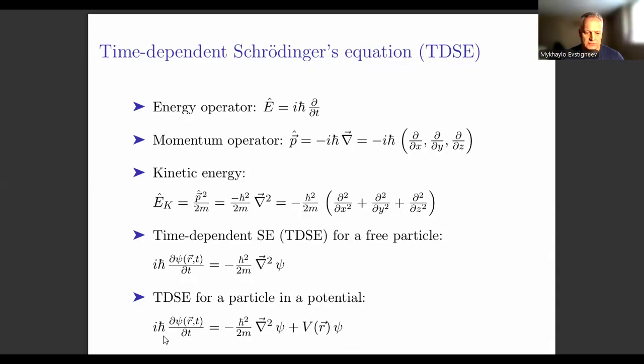So the total energy represented by the operator i h bar d by dt is the sum of the kinetic energy and the potential energy. So that's our time-dependent Schrödinger's equation for a particle in a potential.